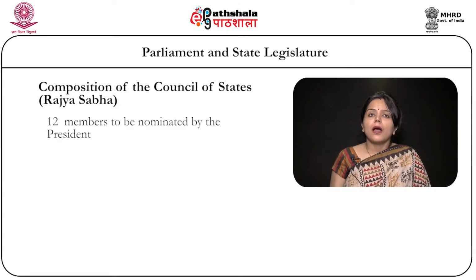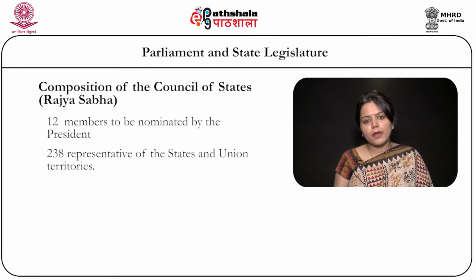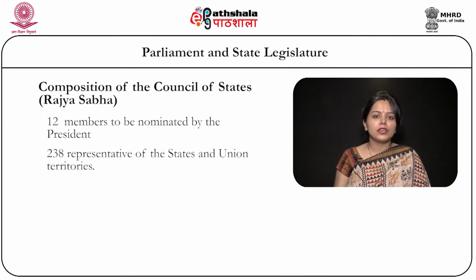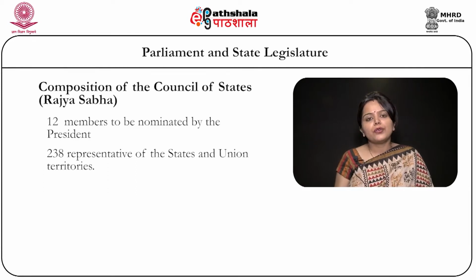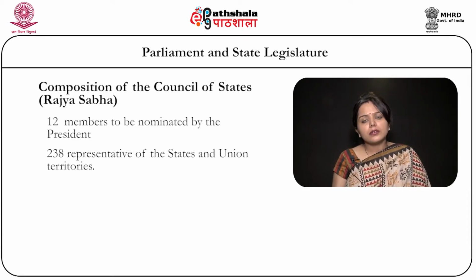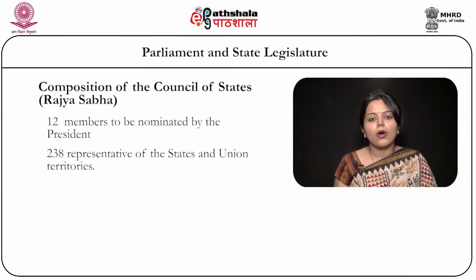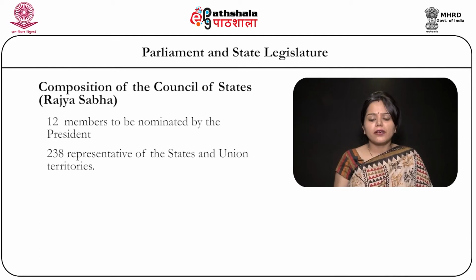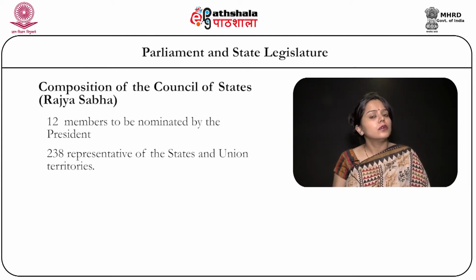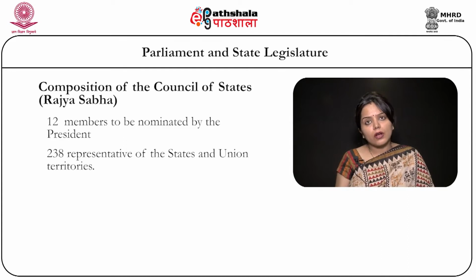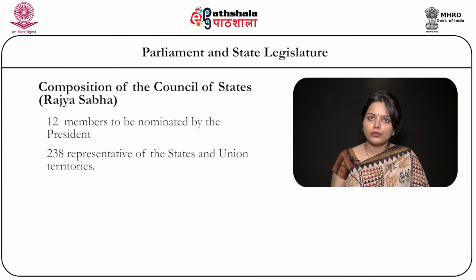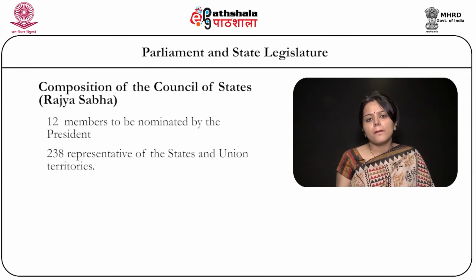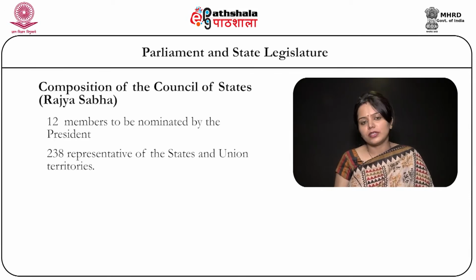Then a maximum of 238 members are the representatives of the states and union territories in the Council of States. So, we can say the maximum number of members in the Council of States is 250, that is 238 plus 12, by the President and by the states and UTs.